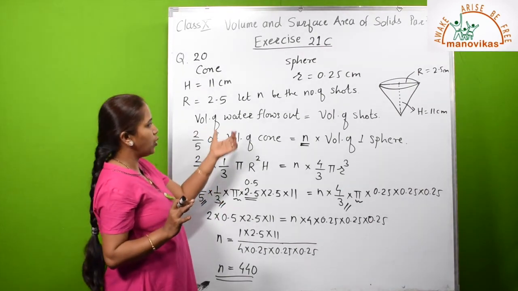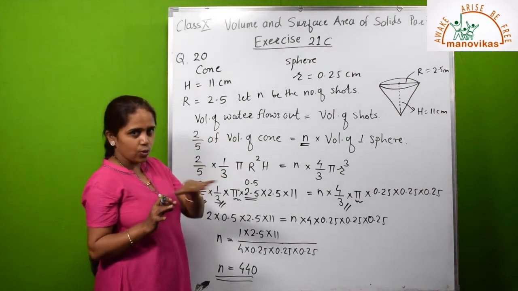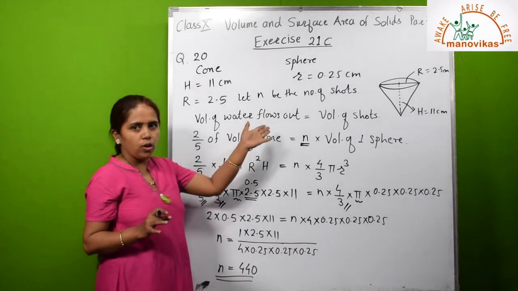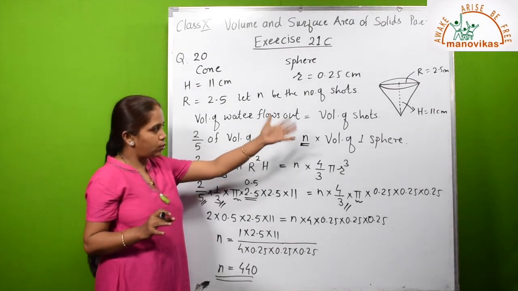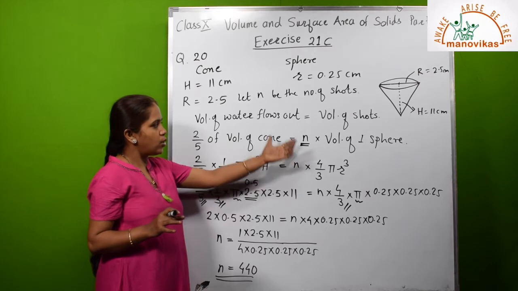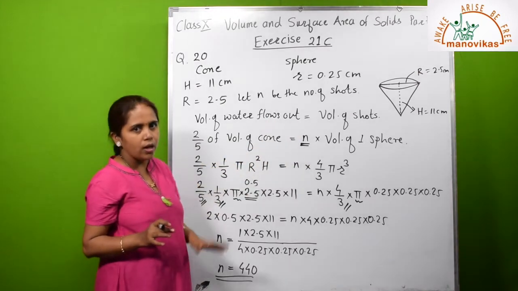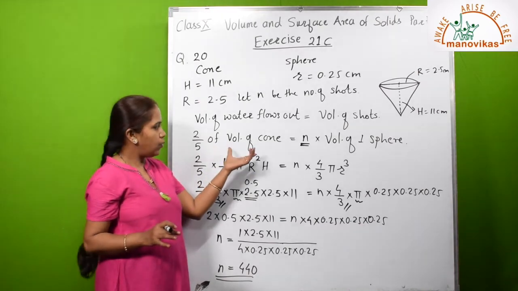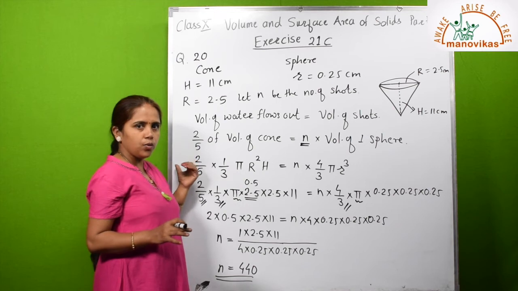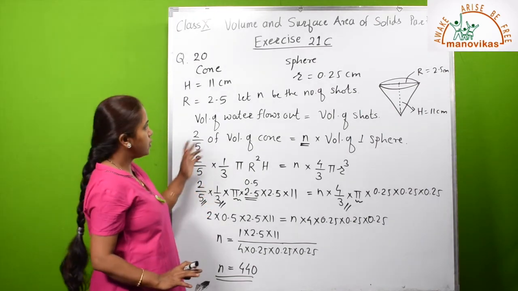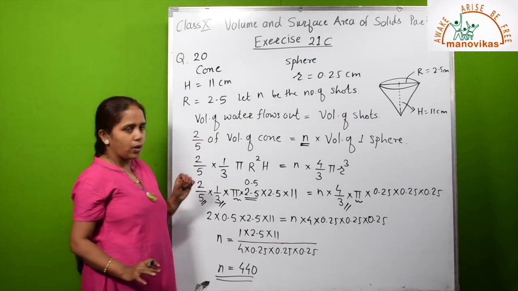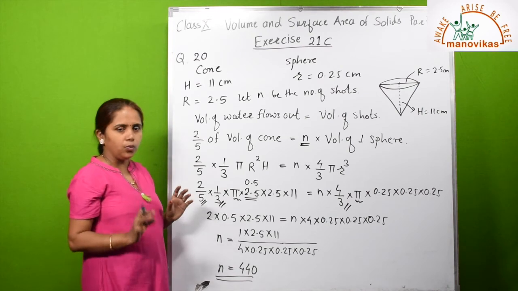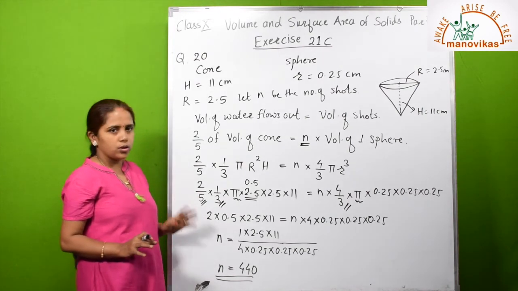So here the vessel is open at the top, so the volume of water that flows out is nothing but the volume of the spherical shots, that is total volume. If there are n shots, we can write n into volume of one sphere. And how much water flows out? That is 2/5 of the volume of the cone. Total volume, 2/5 of water flows out. Okay, this is about when one solid is dropped into the water. Okay, this is question number 20.